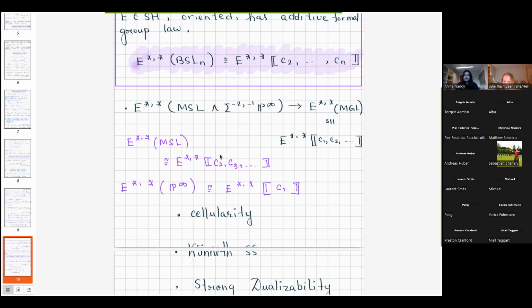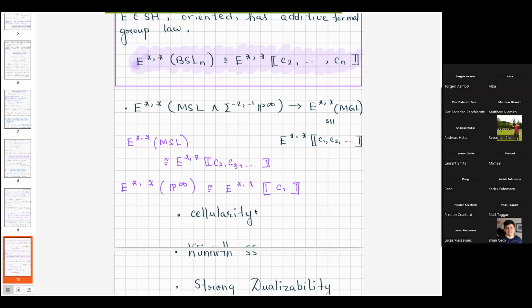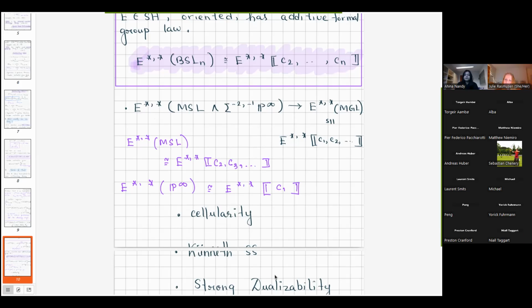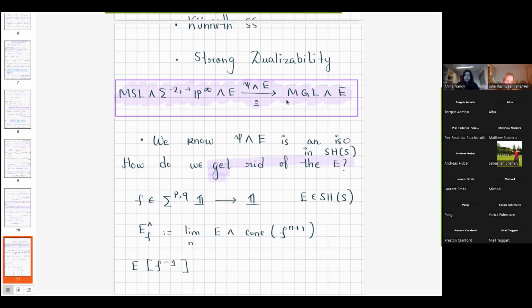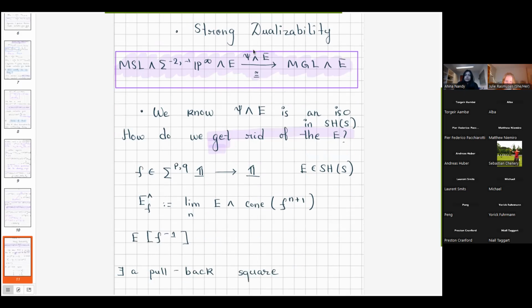That's not always the case, but we need certain cellularity, certain strong dualizability, and some finiteness conditions, which I'm not going into much detail about, but it works out. And we get that, after smashing with a good enough spectrum E, this is an isomorphism.